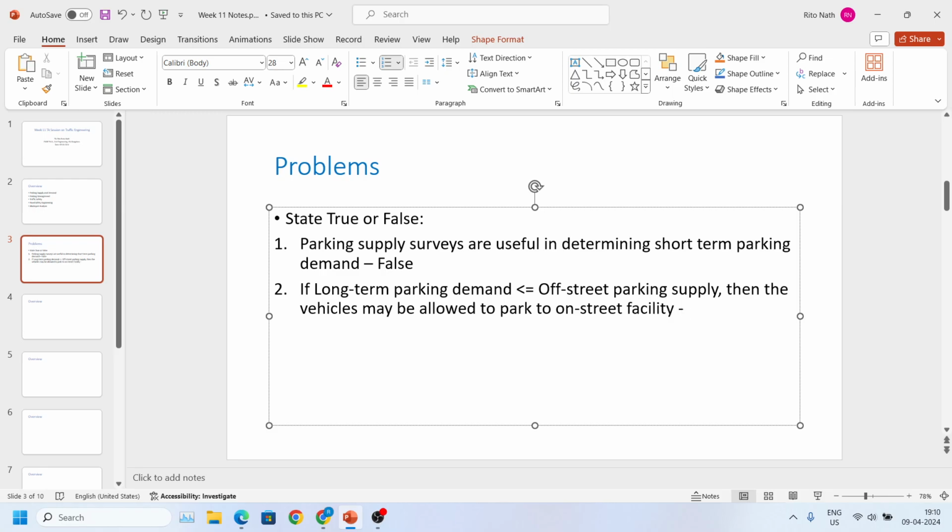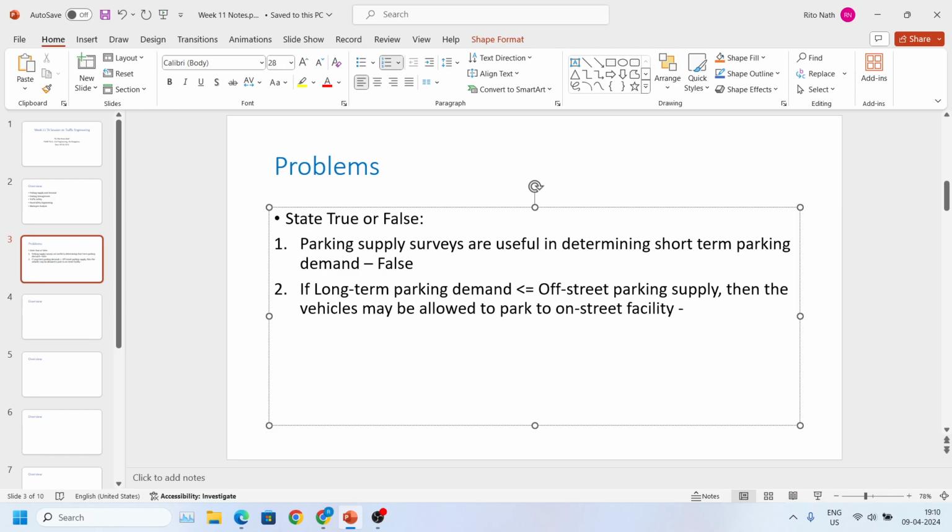This is, I think, from the third lecture of this parking module. Off-street parking typically occurs when you have long-term parking duration. Now if the long-term parking demand is less than or equal to off-street parking supply, that means your supply is adequate to cater to all those long-term demands.